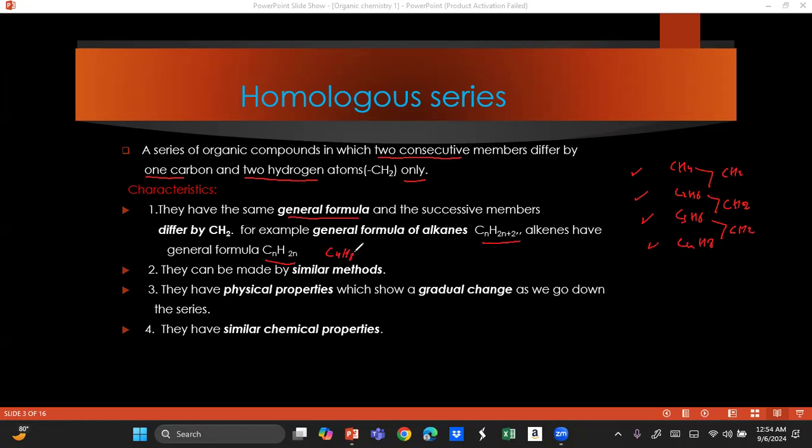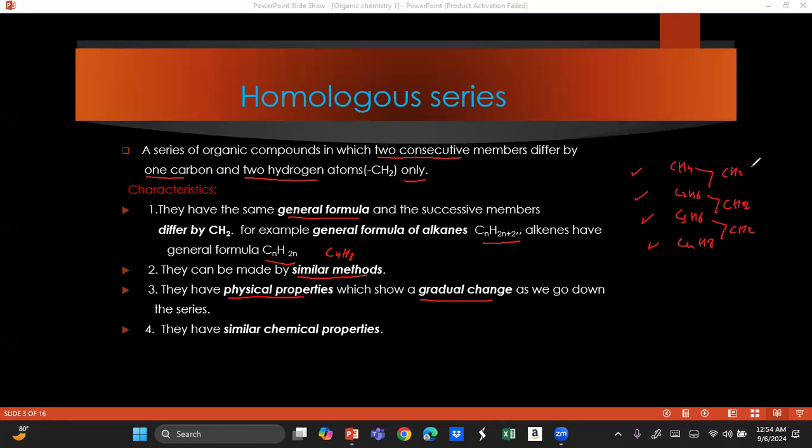Alkenes, I told you, are unsaturated hydrocarbons; they must have a double covalent bond. They can be prepared by similar methods. Their type of reactions will be the same or similar. All the alkanes can be prepared by substitution reactions, while all alkenes can be prepared by addition reactions, as alkenes are unsaturated. Their physical properties change gradually.